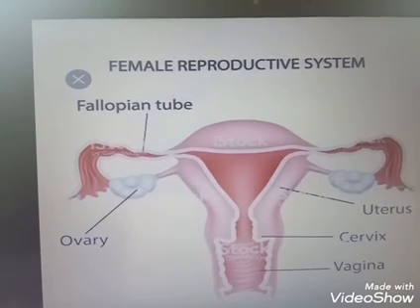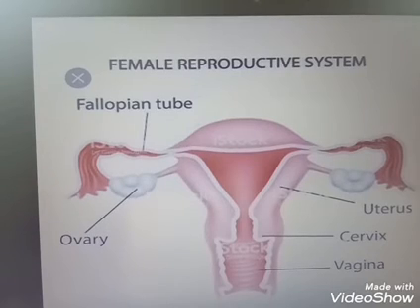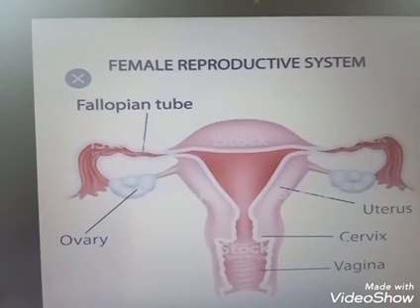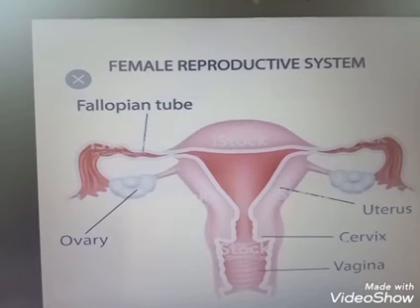The neck portion is the cervix. The cavity of the cervix is called the cervical canal, which along with the vagina forms the birth canal. The growing fetus gets nourished in this womb till childbirth.